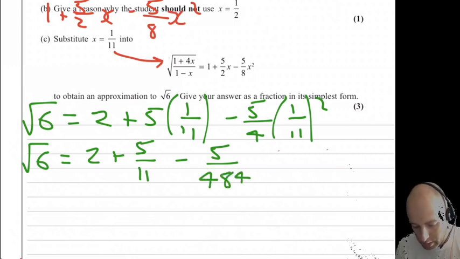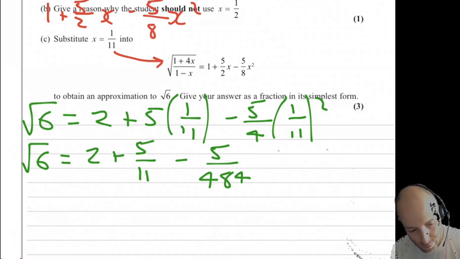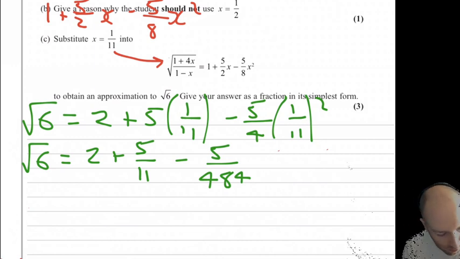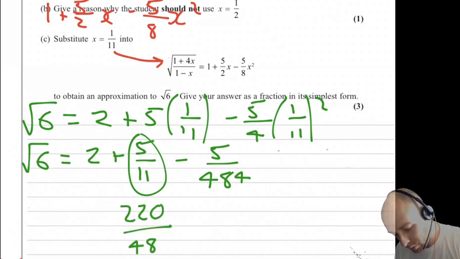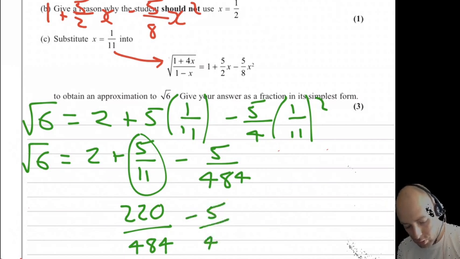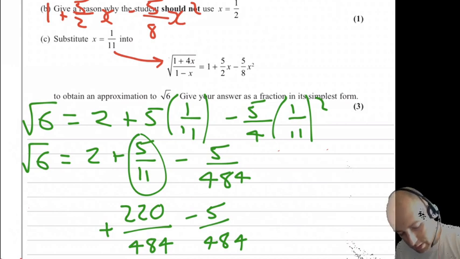Cool. Right, that's not ideal, so we're going to need... Okay, no, it's not too bad, because 484 is 44 times 11. So if I times the middle fraction by 44 on top and bottom, we get 220 over 484 minus 5 over 484. 2 is going to be 484 times 2, so that'll be 968 over 484.